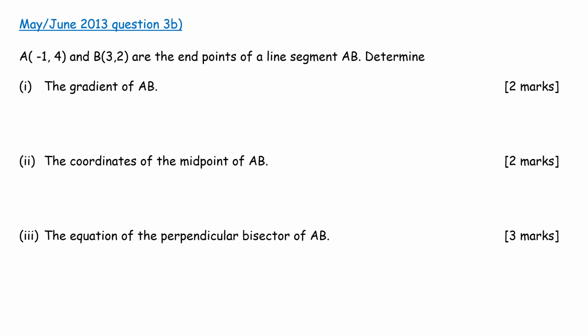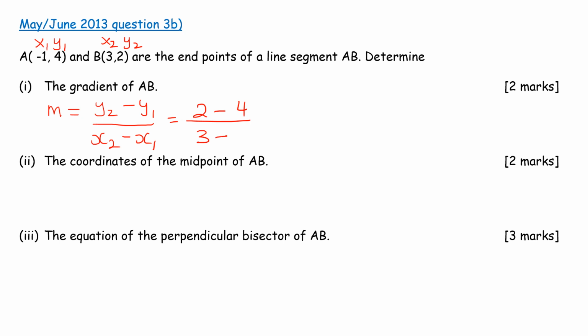The formula is m equals y2 minus y1 over x2 minus x1. So let's label our coordinates: x1, y1, x2, y2. So we substitute. y2 is 2 minus y1 which is 4, over 3 minus -1.